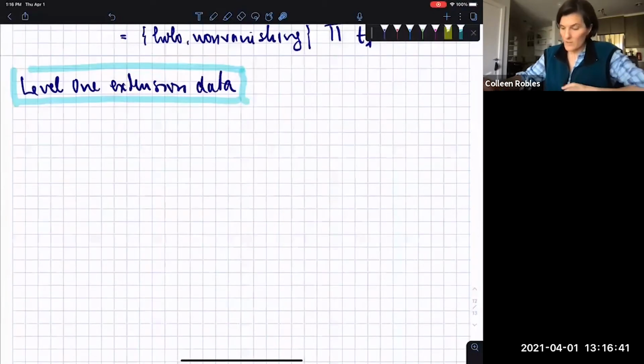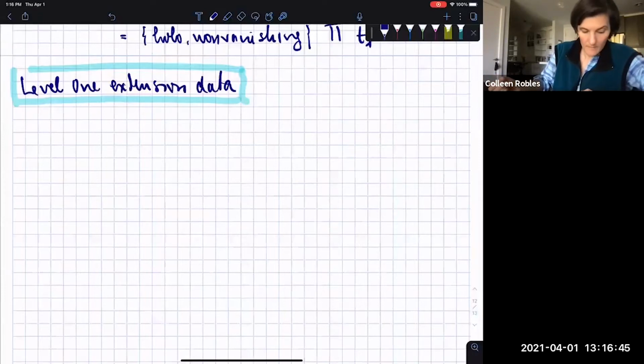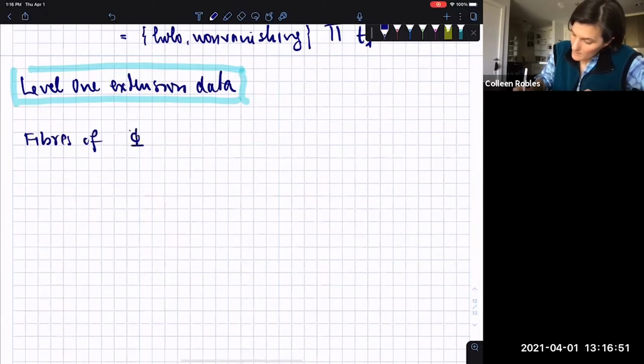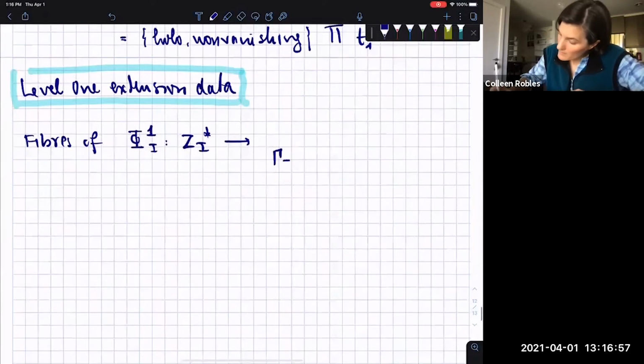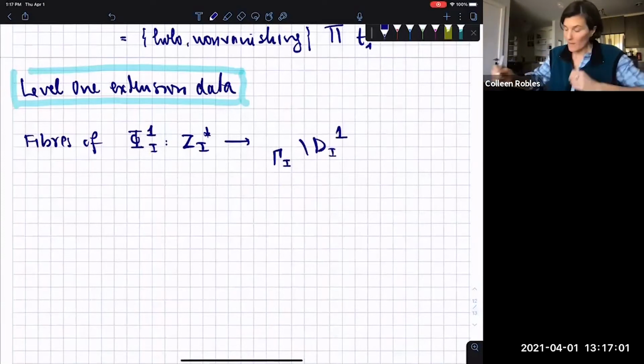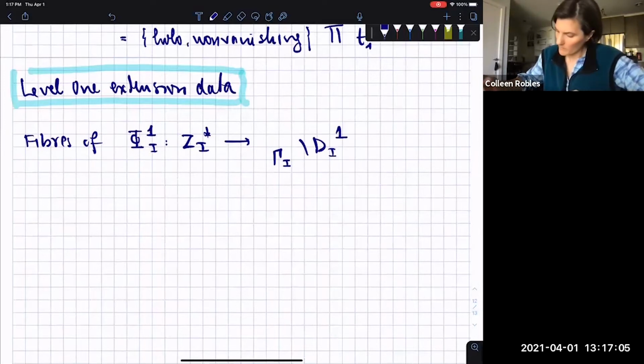So the fibers of this phi1, which is defined on the strata, and now goes into gamma I di1. Or rather the fibers of the projection.